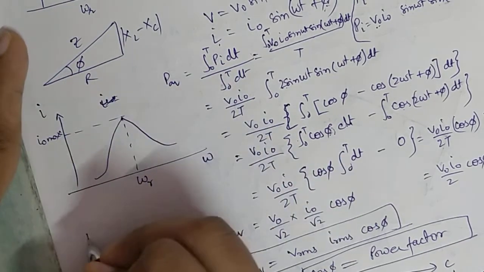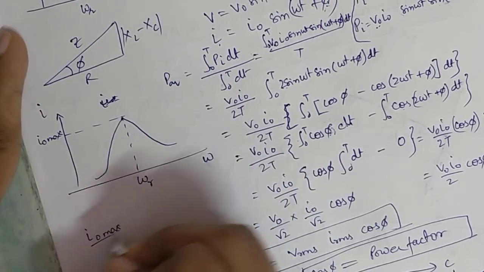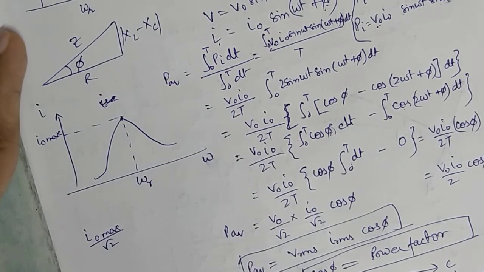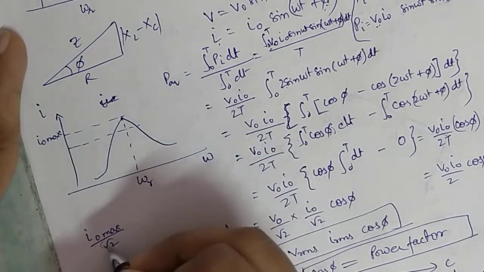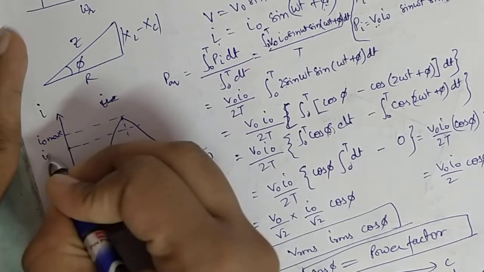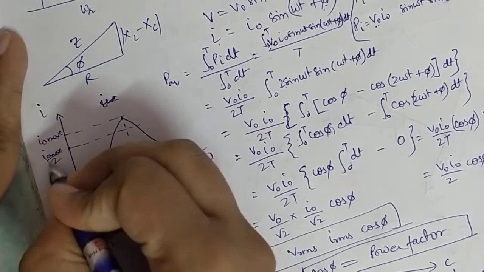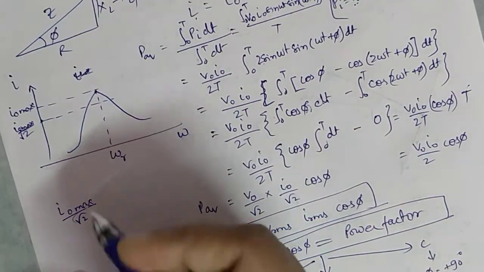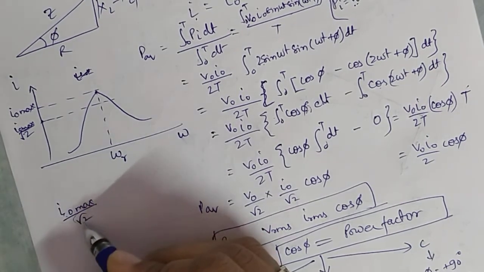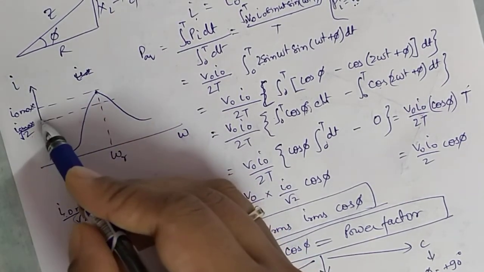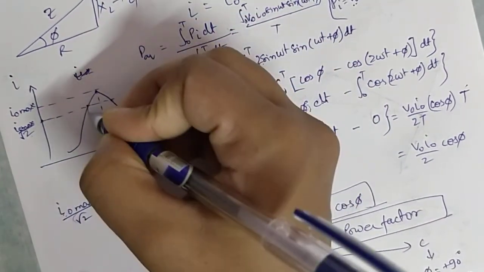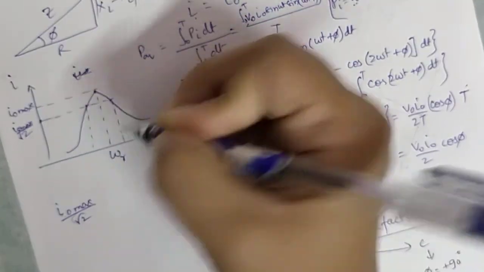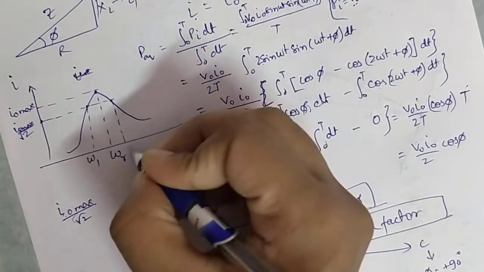At a value of I naught max by root 2, which will be somewhere below because root 2 is greater than 1, so I naught max by root 2 will be less than I naught max. For this value I will have two values on this curve: one at a frequency lower than omega r, another at higher. This is omega 1, this is omega 2.